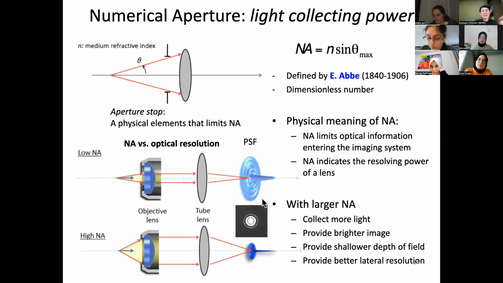Okay, so what they say is that a larger numerical aperture collects more light. If you love photography, you will use a shorter exposure time, or what we call camera speed, because it collects more light. So it's brighter, but what's actually more important is better lateral resolution.